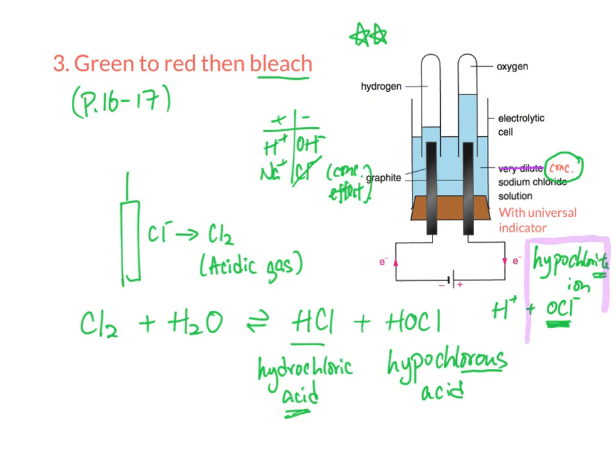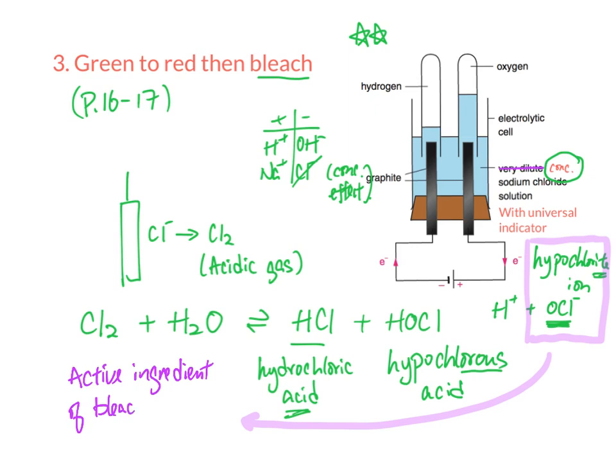The hypochlorite ion is an active ingredient of bleach. It can be a bleaching agent, and it will then turn the color of the indicator to colorless.